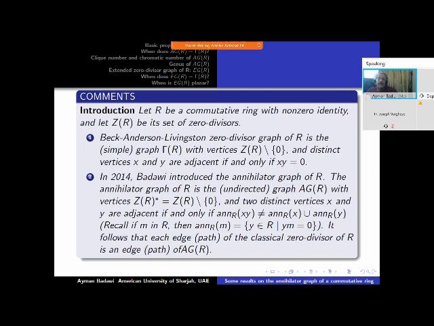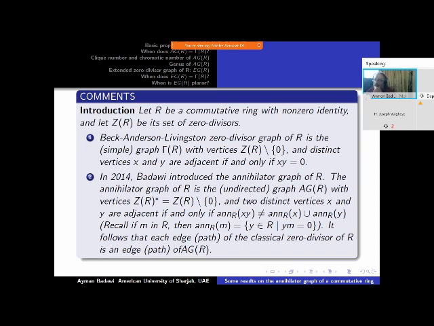That's the annihilator of an element in the ring R. And definitely, it will not take you long to realize that each edge or path of the classical zero divisor graph is an edge of the annihilatory graph.